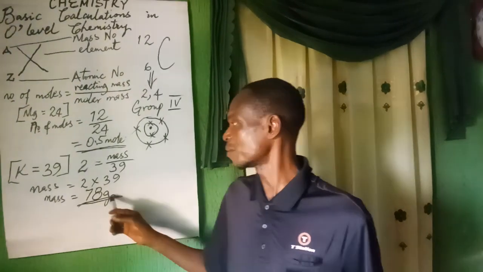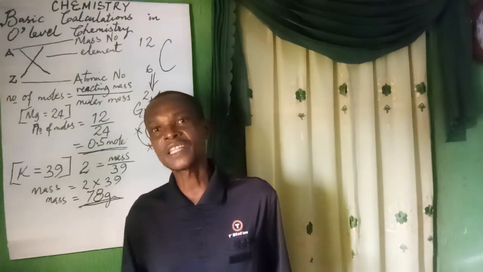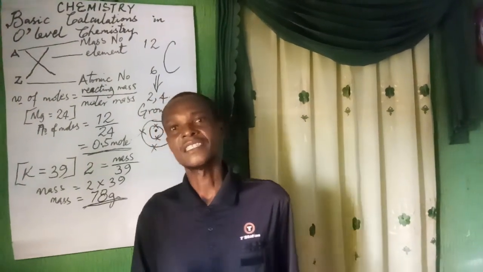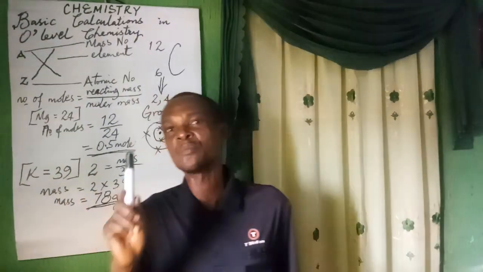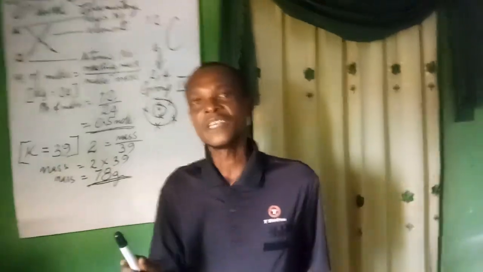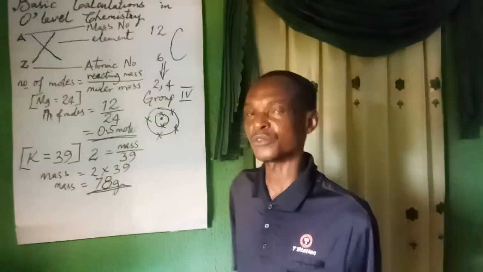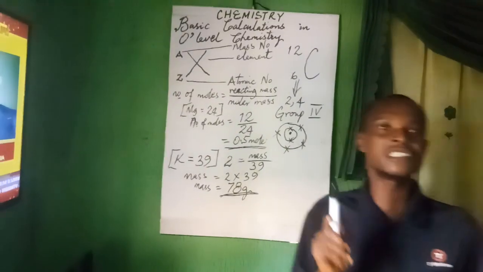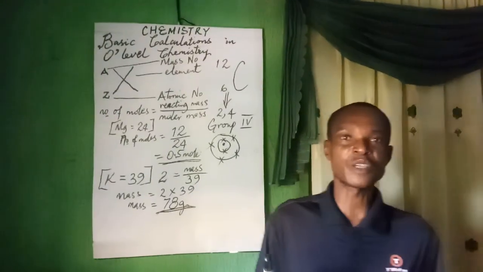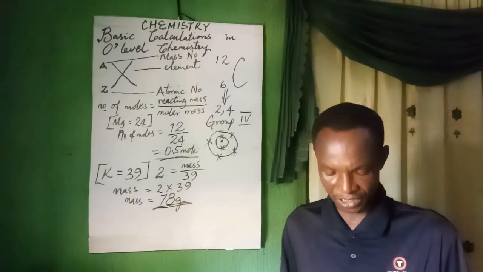But when you attach grams, we now call it molar mass, meaning we are looking at the mass of 1 mole. What is the mass of 1 mole? In that case, we attach grams to it to show that we are talking about molar mass. Note this difference. The relative atomic mass doesn't have any unit.